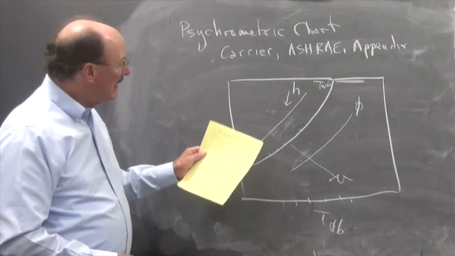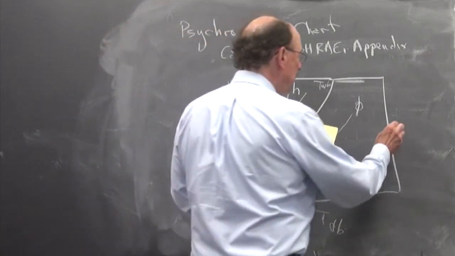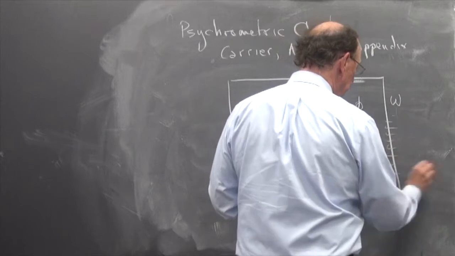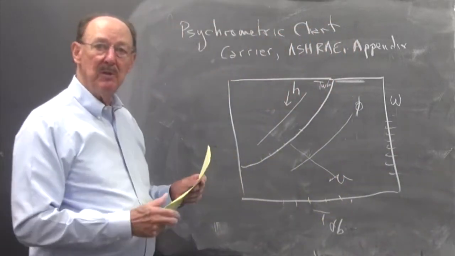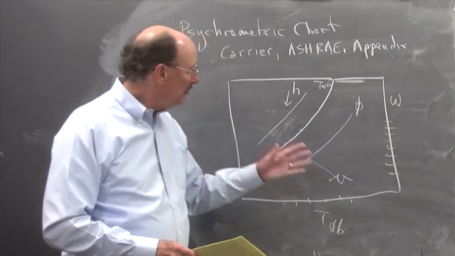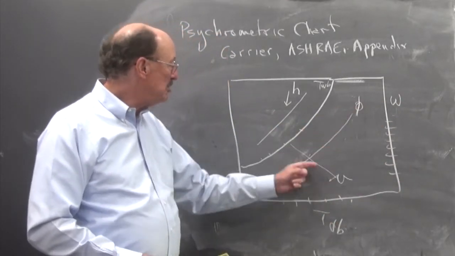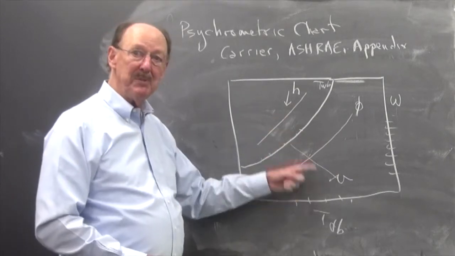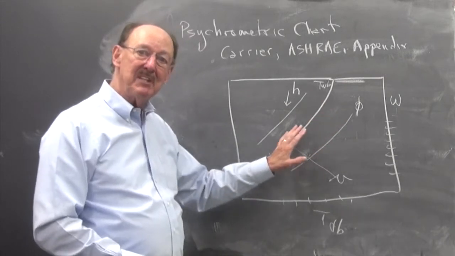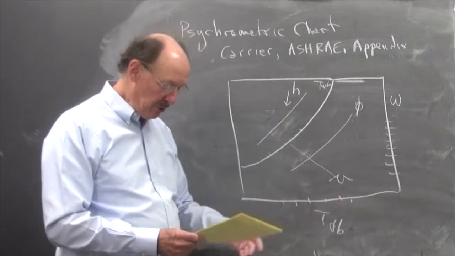Over here, I'm going to have omega. So there'll be lines over here for the absolute or specific humidity. So I'll have omega values here. So I can find omega, relative humidity, specific volume, enthalpy, dry bulb temperature, etc. I don't have to calculate it as I did in chapter 11, but I can look it up on a chart.